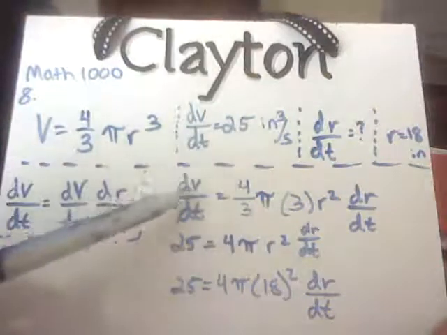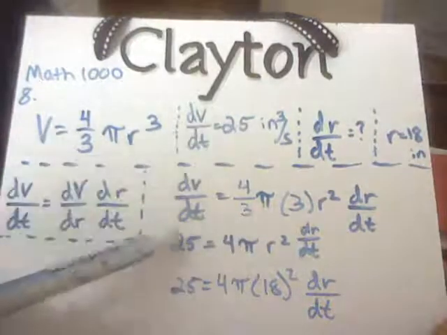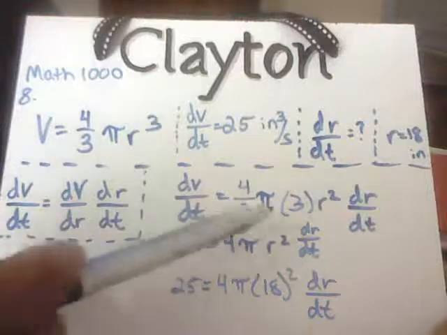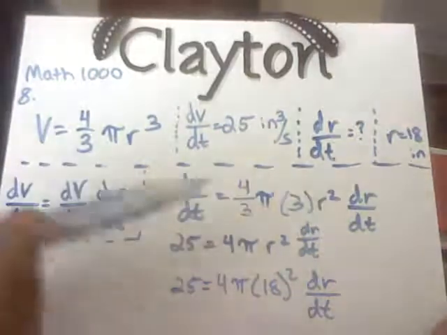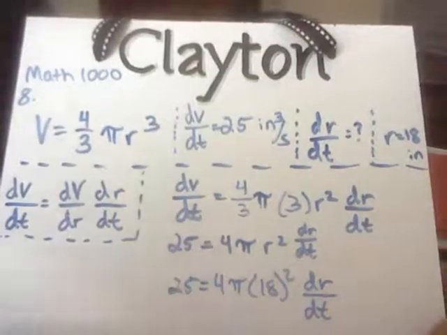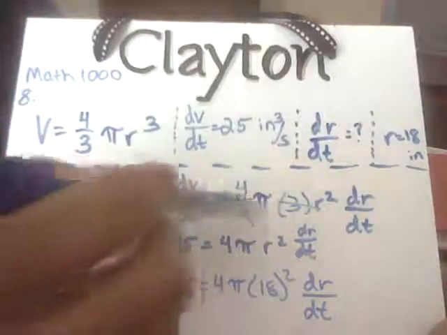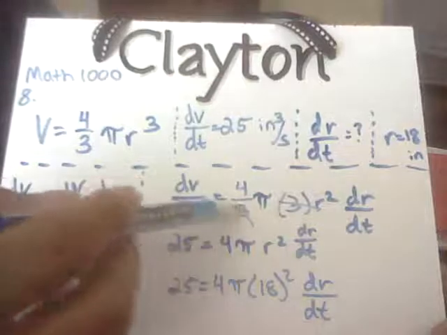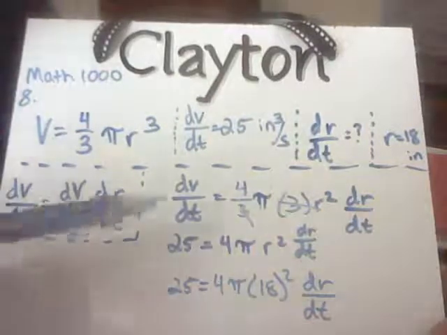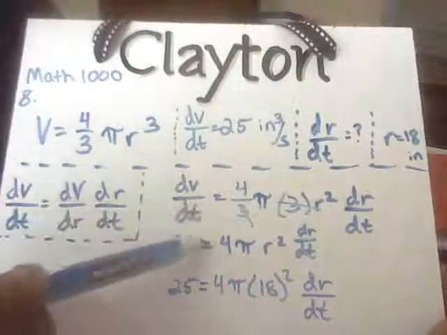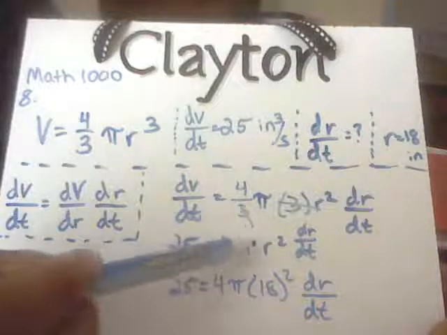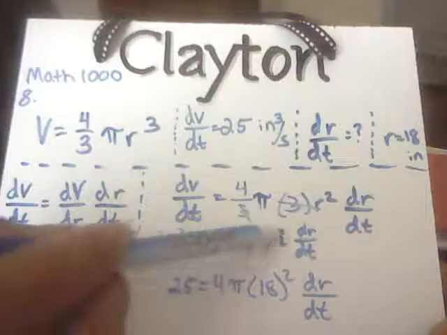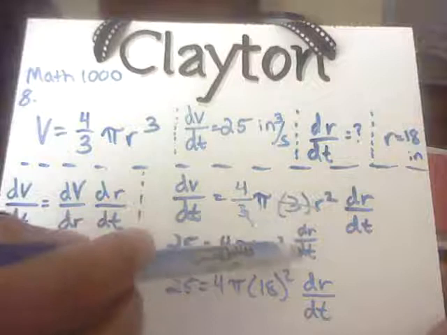So we can just drop 25 in for dV over dt, and then simplify some of this algebra. So what I did was cancel out the 3's, because the 3 in the numerator and the 3 in the denominator cancel out as 1. So we're left with 25 equals 4 pi times r squared times dr over dt.